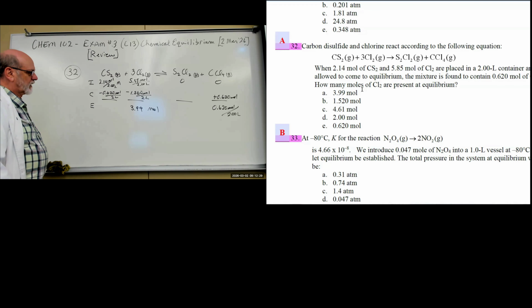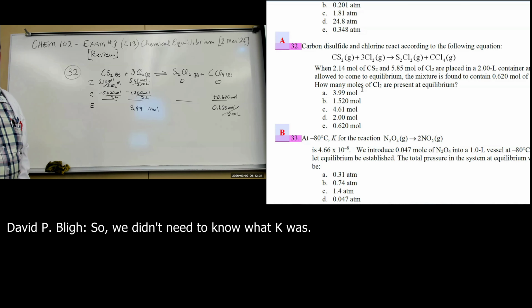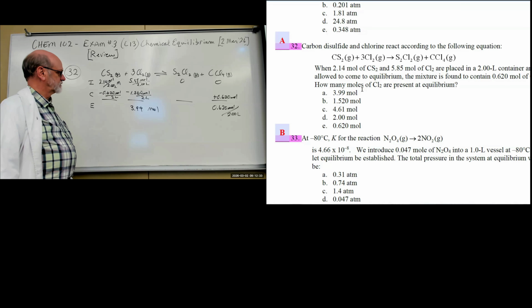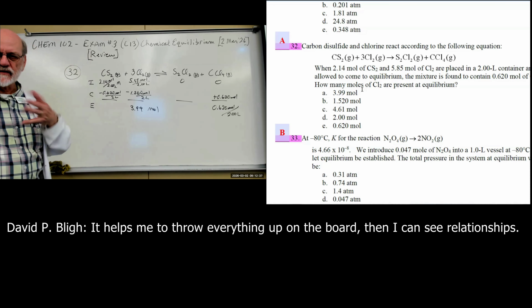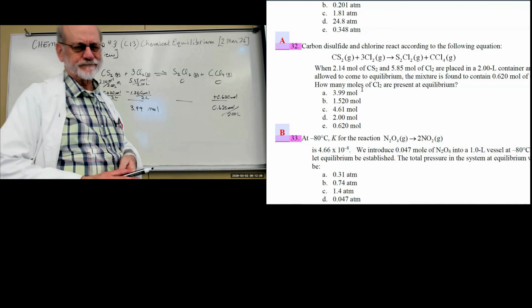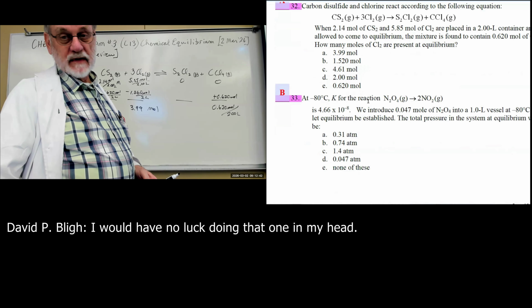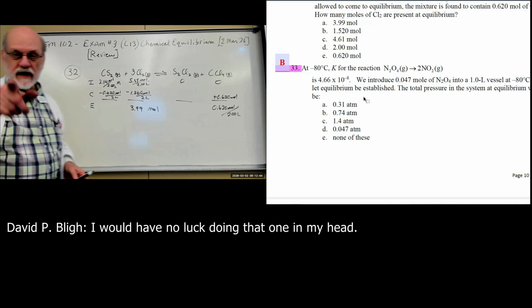So we didn't need to know what K was. It helps me to throw everything up on the board, and I can see relationships. I would have no luck doing that one in my head.